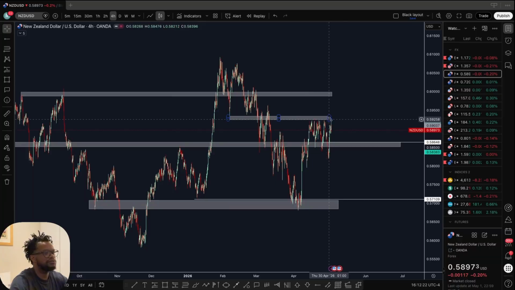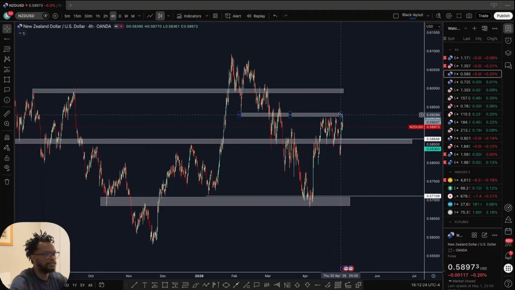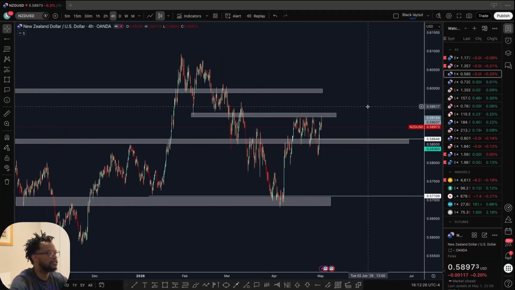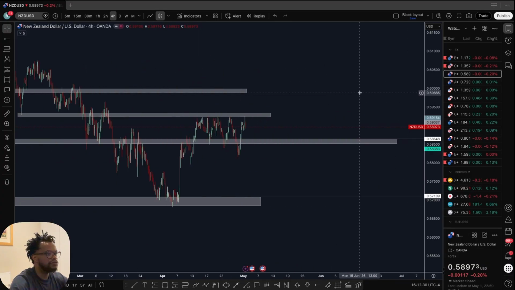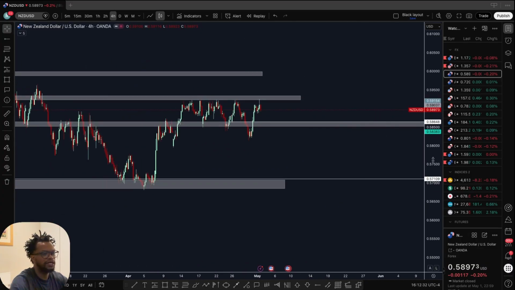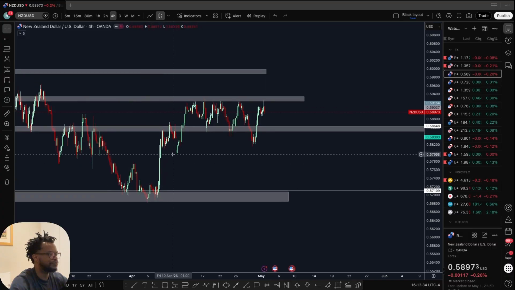This is still my intermediate zone, but price is sort of reacting at this level, but my major zone is up here. So quite interesting as well, because we had a push, reacted off the zone, and then we broke below, we faked out below this level, and then closed back above.